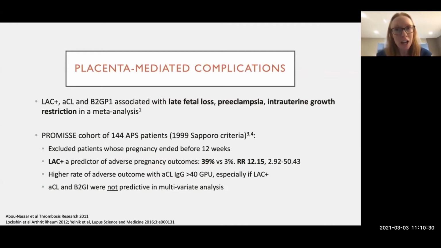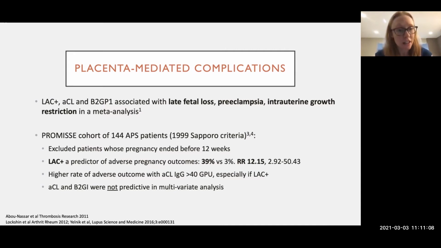When we look at the actual clinical data, in a large meta-analysis, all 3 of these antibodies, the lupus anticoagulant and the other 2, anticardiolipin and beta-2 glycoprotein antibodies, were associated with late fetal loss, preeclampsia, and intrauterine growth restriction. However, when you tease out the individual studies, it's a little bit more varied. In a large prospective cohort of patients with APS, those were excluded if they had losses before 12 weeks.